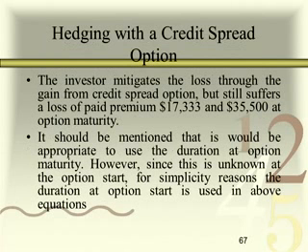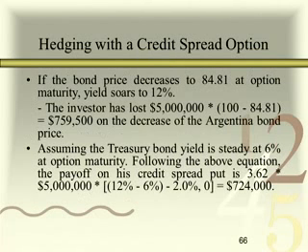So he got most of it back because he had that little spread in there. He's willing to lose a little from the credit spread option, but still suffers a loss of those premiums he paid of $17,333 and the $35,500 difference at maturity. You go back. See, he had lost $759.